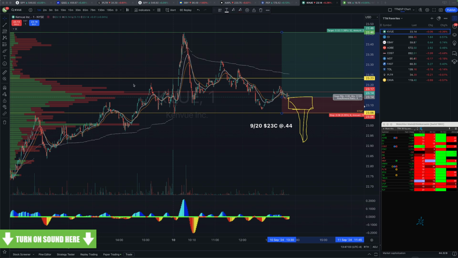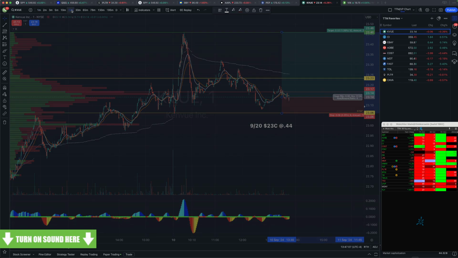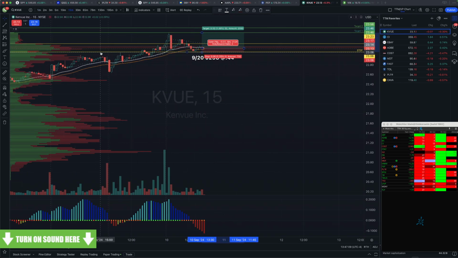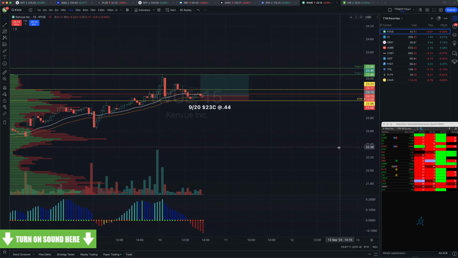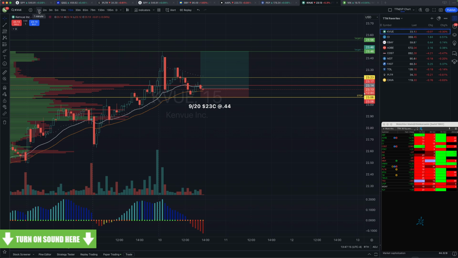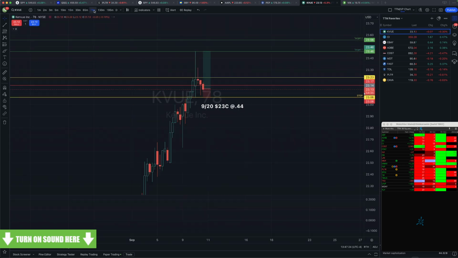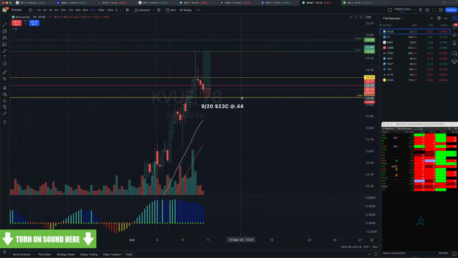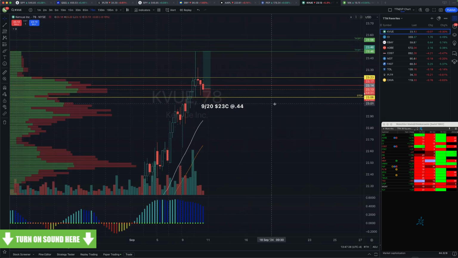So if I'm taking this trade on a 15-minute chart, I'm going to use the 15-minute chart for my stop and target. I am not going to use the 1-minute chart. I may watch it on a 1-minute, but it's not going to inform my stop out levels. If I'm trading this on a 78-minute chart, I'm going to wait for a 78-minute candle close below my stop.